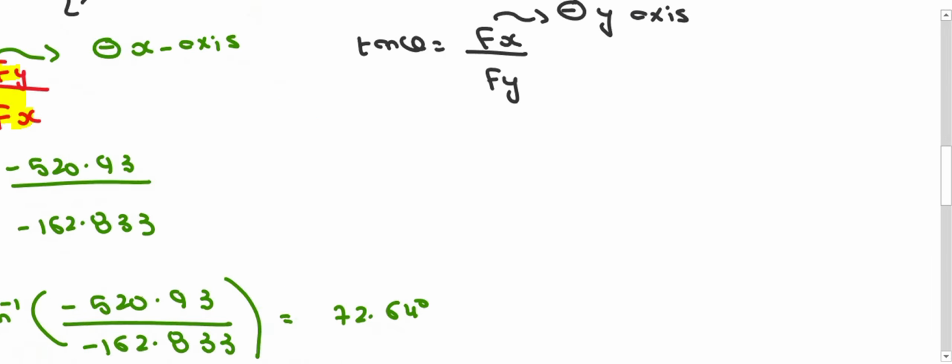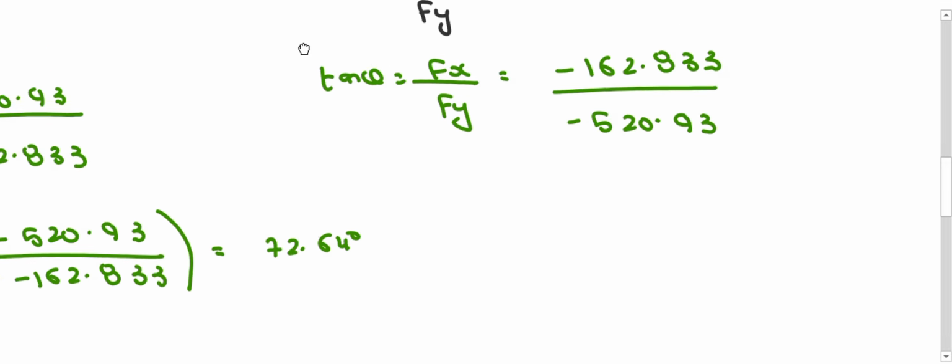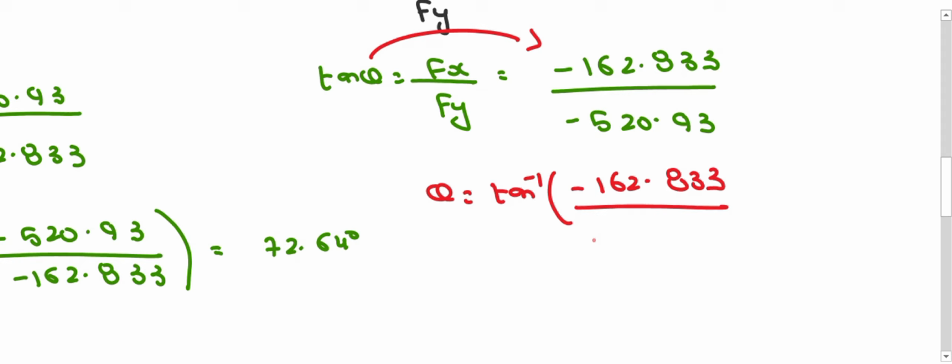Another way to solve this question is tangent theta equal to Fx upon Fy. The value of Fx is 162.833, and the value of Fy is negative 520.93. Similarly, shift tangent to the opposite side so that theta is equal to tangent inverse of negative 162.833 divided by negative 520.93.